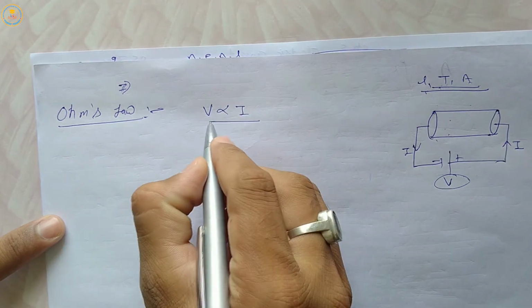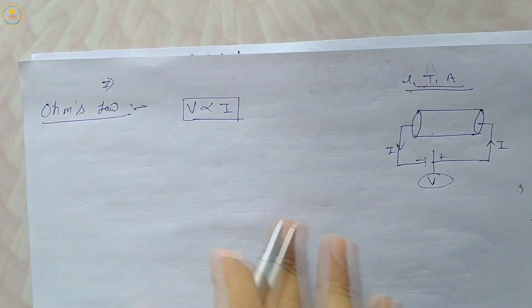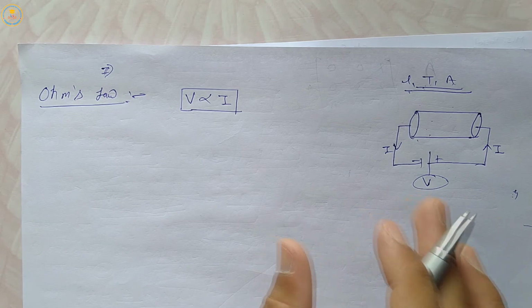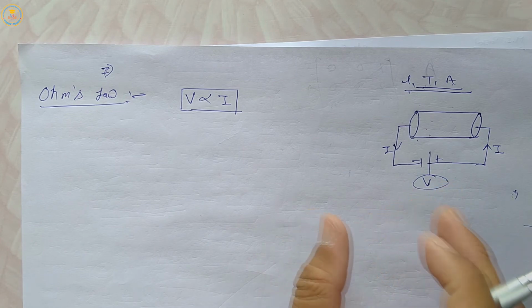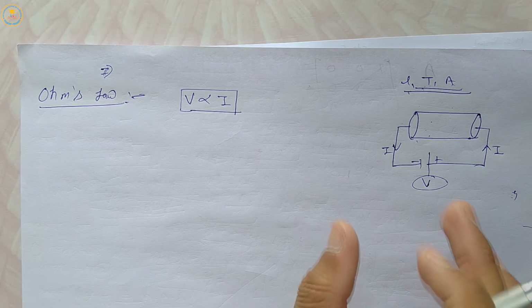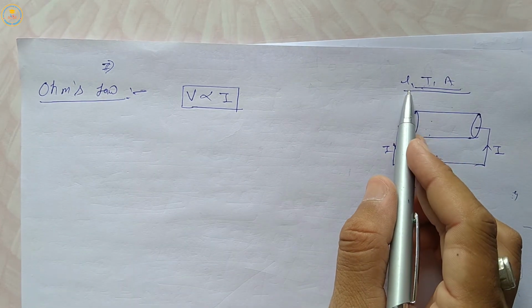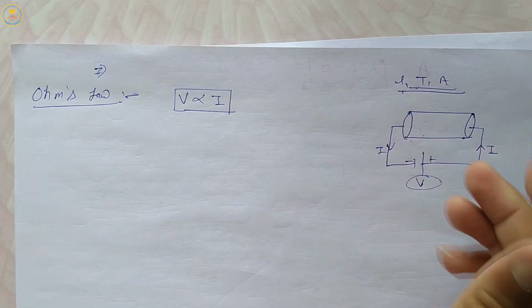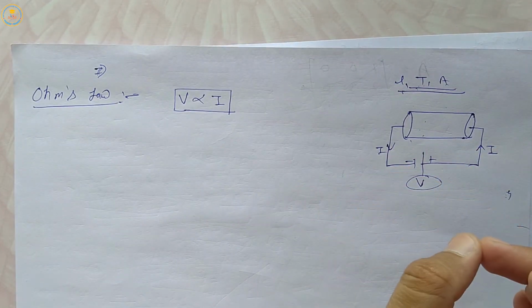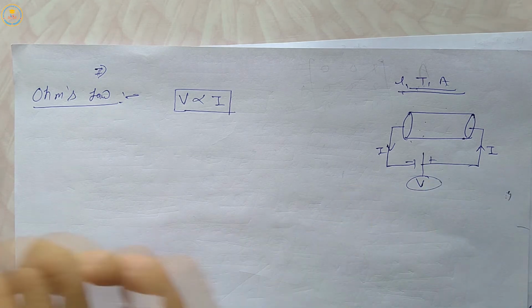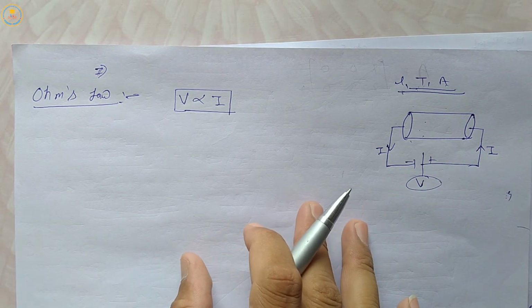Okay, this is the mathematical form of Ohm's law, and in words we define Ohm's law like this: if the physical states of a conductor remain unchanged, then the current flowing through the conductor is directly proportional to the potential difference applied at the ends of that conductor.